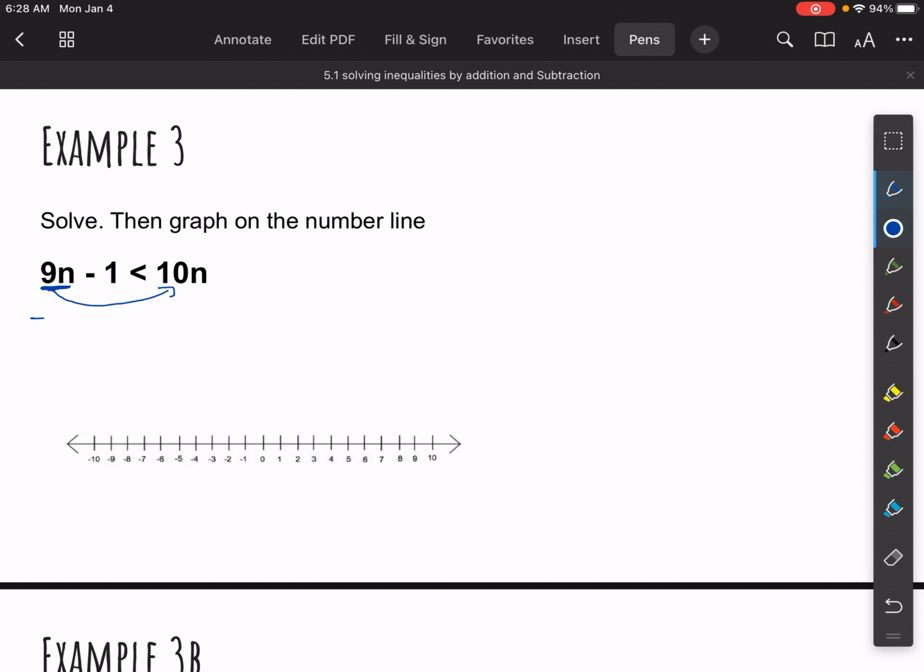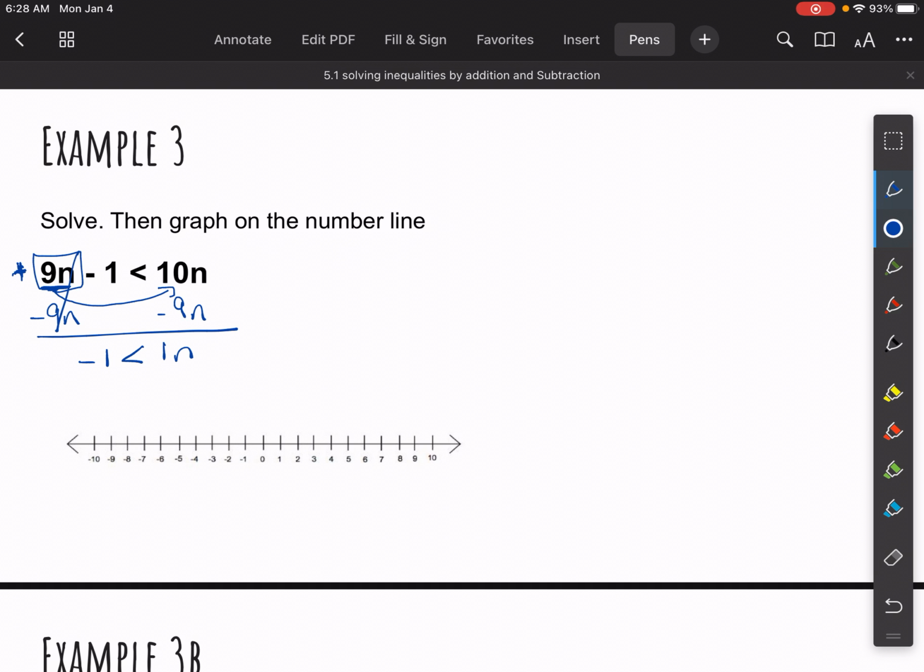I just want this one piece, which is typically, if there's nothing in front of it, we assume that it's positive, right? So to get rid of it, we just subtract it. So we have subtract 9n from both sides. This goes away, and I'm left with negative 1 is less than 1n.